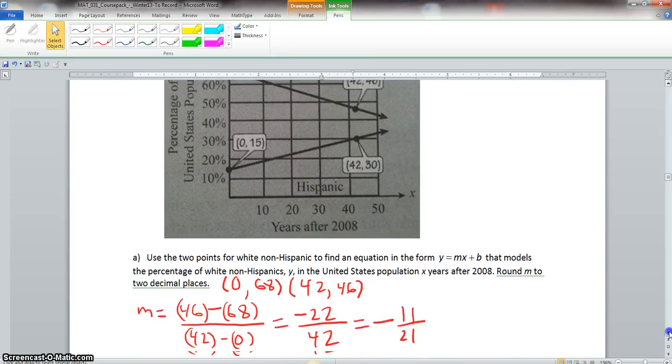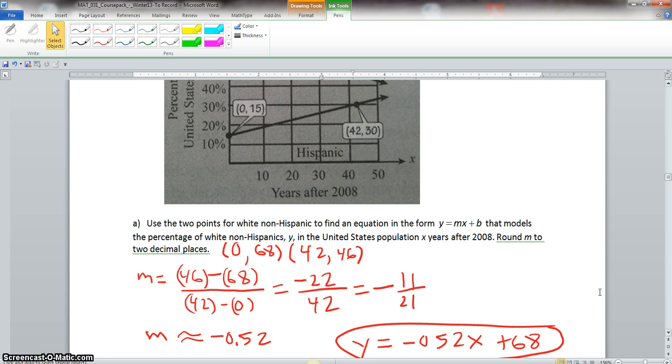Now it says here, use the 2 points for white non-Hispanic to find an equation in the form y equals mx plus b that models the percentage of white non-Hispanics, y, in the United States population x years after 2008. Round m to 2 decimal places.